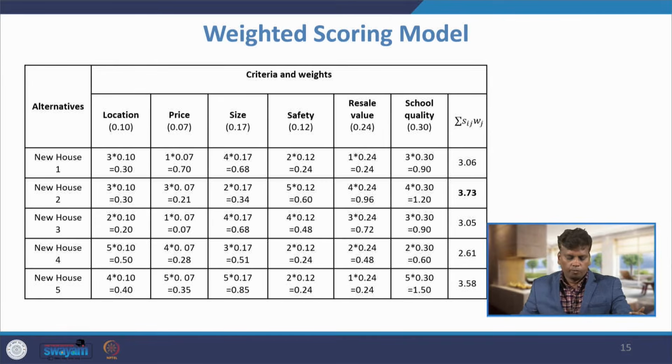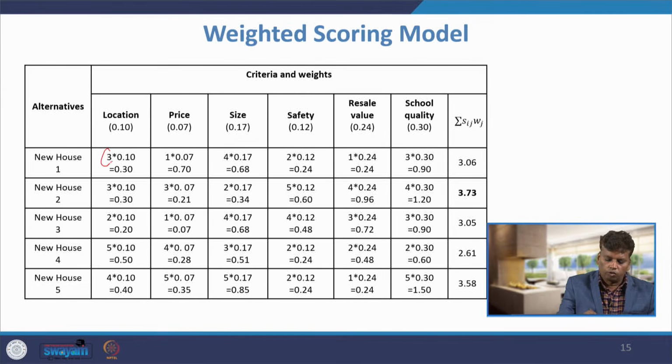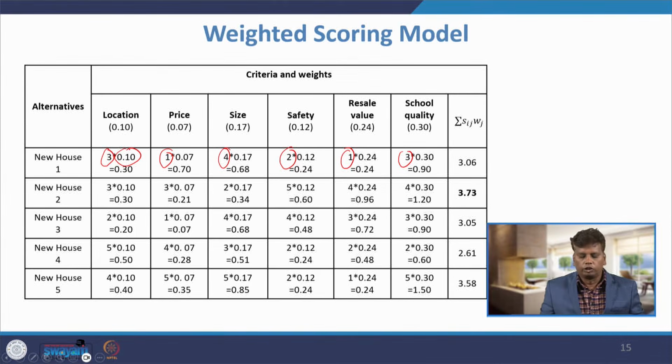These numbers are scores, for example 3, 1, 4, 2, 1, 3. The other numbers, this 0.10, 0.07, are the weightages. So, I am multiplying each score with its corresponding weightage, then summing it. When I sum it, it is 3.06 for the first alternative, house 1.